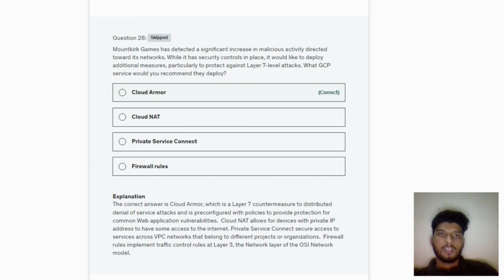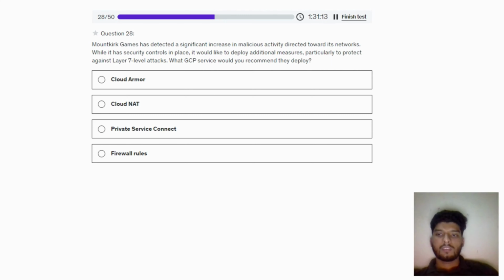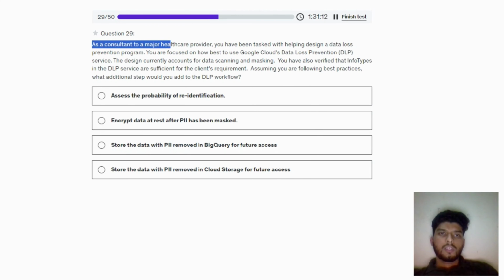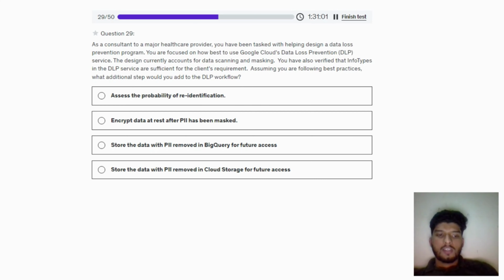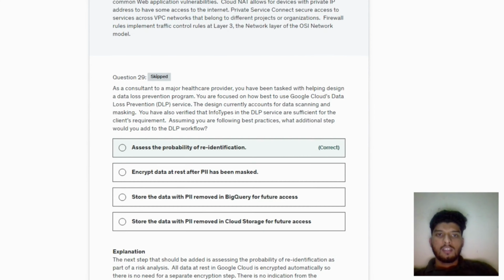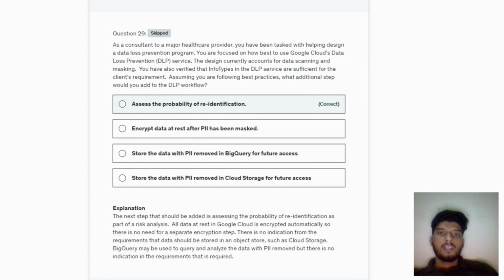And question number 29 is: here is question number 29 and you have to select the right one option, and the right answer is assess the probability of re-identification. And here is the explanation that the next step that should be added is assessing the probability of re-identification as a part of risk analysis.